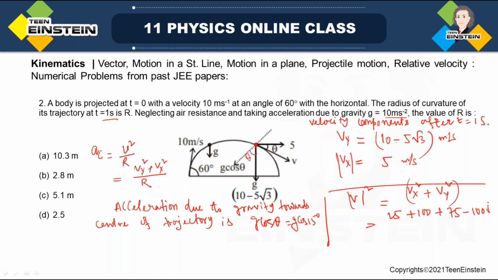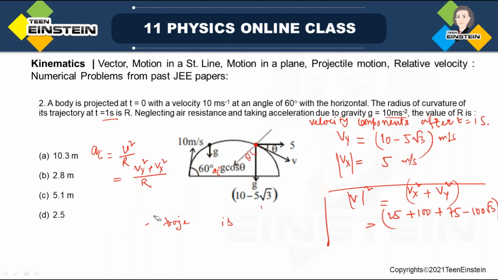So this is the thing. Now if we put it here at this particular position, and again I have told you the acceleration is g cos theta. With this value we'll be able to get the value of R.